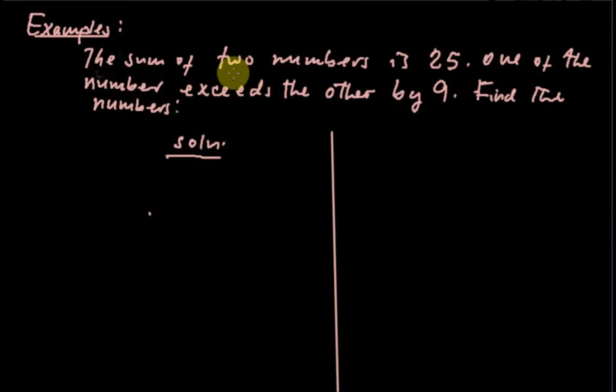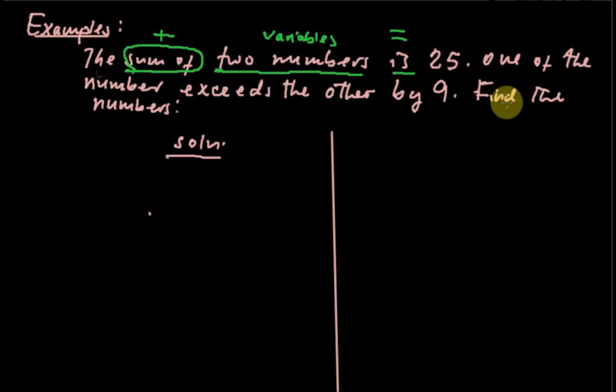So we have 2 unknown numbers here. This is the sum of, plus, 2 numbers. These are variables. Is, this stands for equal.